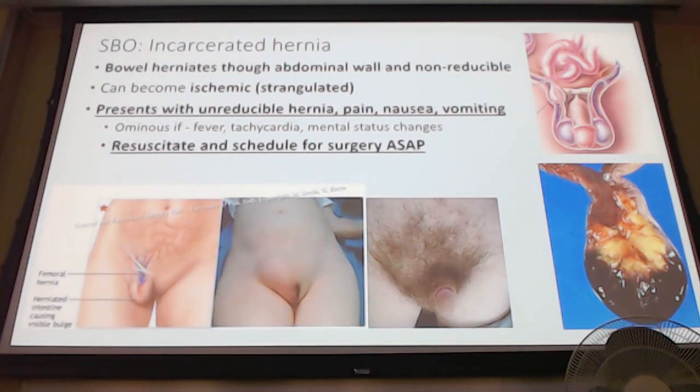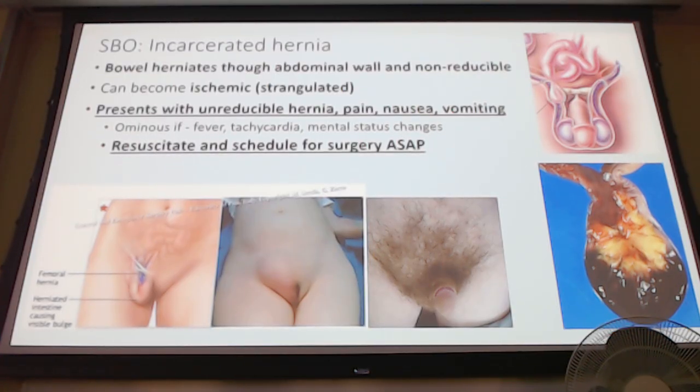Okay? Next, we have incarcerated hernias. Bowel herniates through the abdominal wall, inguinal canal, wherever, and it's non-reducible. Incarcerated is just non-reducible, but there's still blood flow to the bowel.